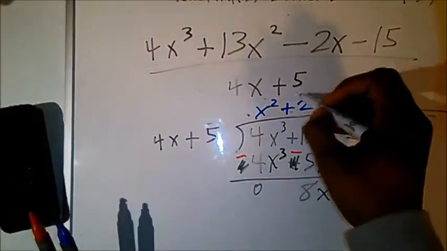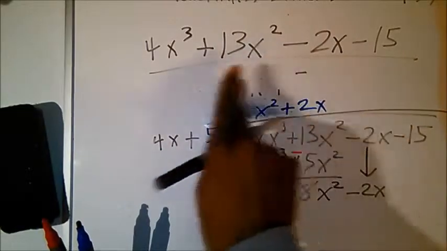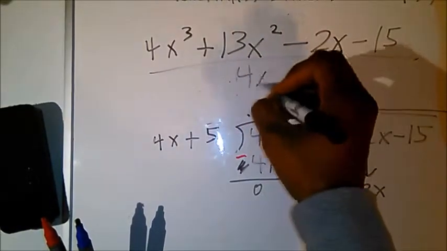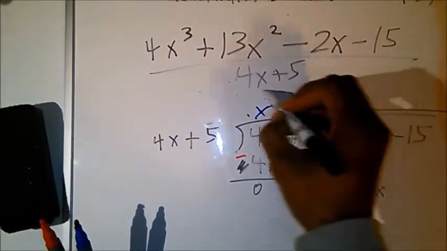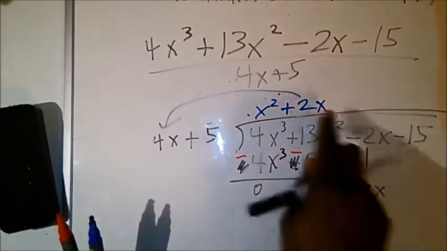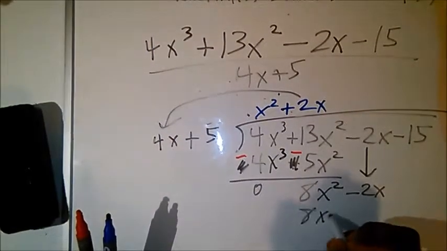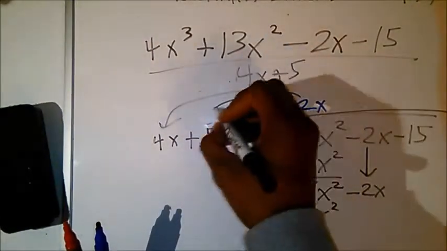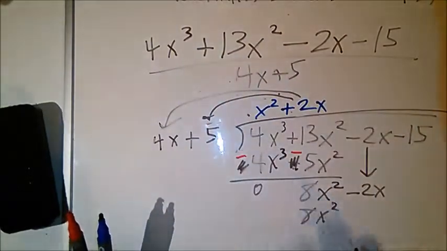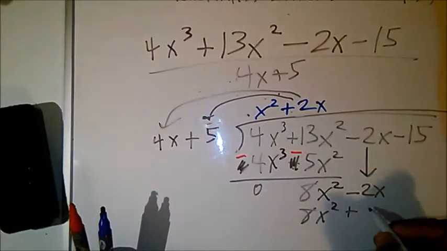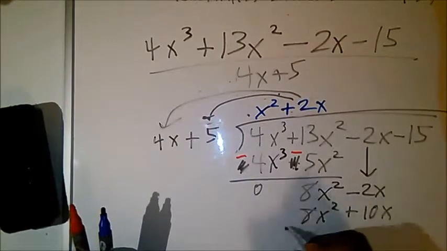So positive 2x, let's move this out of the way. 4x plus 5. Positive 2x times the first term is going to be 8x squared. Positive 2x times the second term, which is 5, is going to be positive 10x.